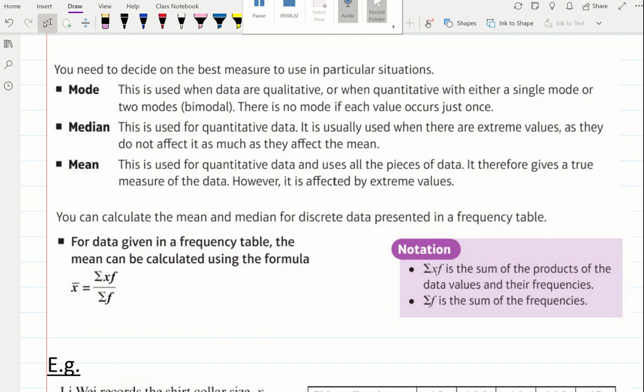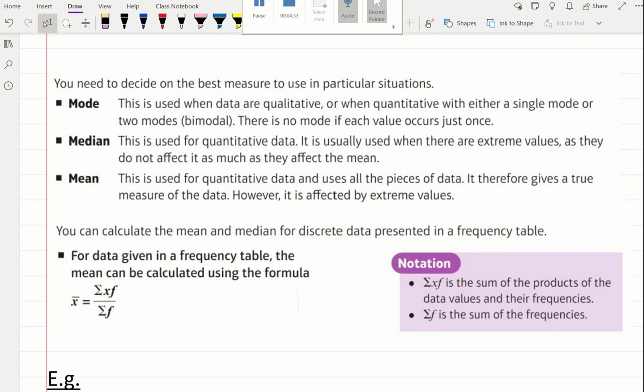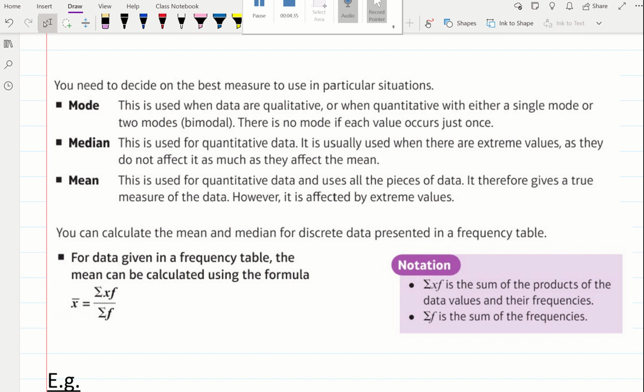Now, this talks about how to find the mean, especially from grouped or ungrouped frequency tables. And you know all of this, but we'll go through it. The mode is used when data is qualitative, or when quantitative with either a single mode or two modes, bimodal. If there are two modes in the data, it's called bimodal. There is no mode if each value occurs just once.